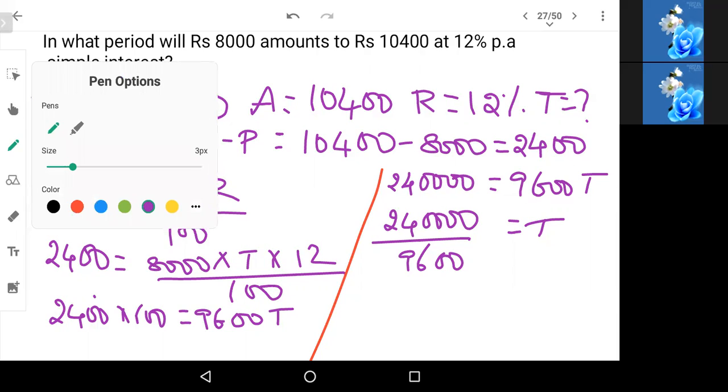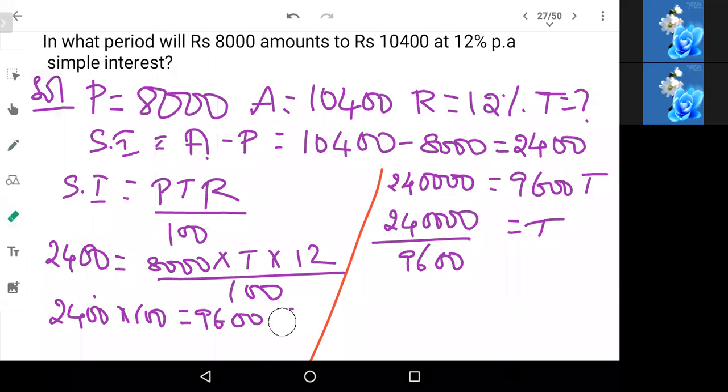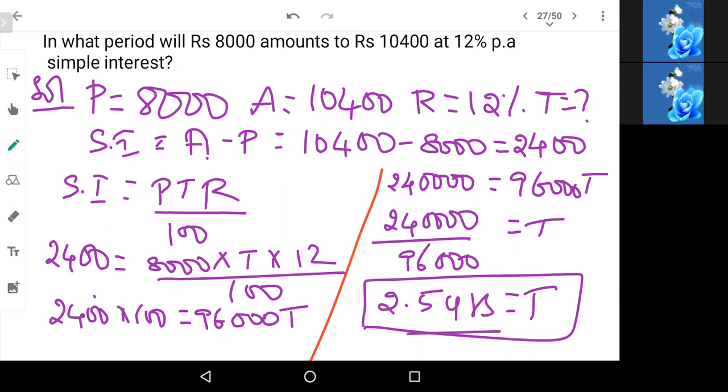Okay, I've missed a zero here. 96,000 T. So it's going to be 2.5 years is equal to T. This is the final answer.